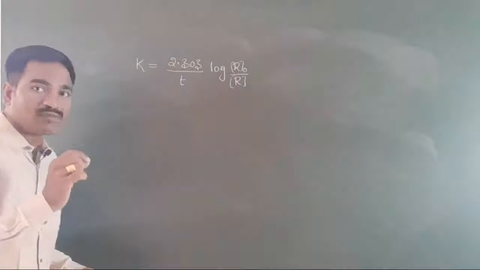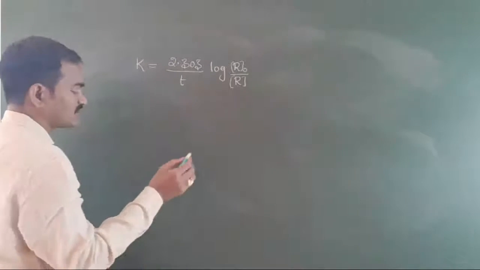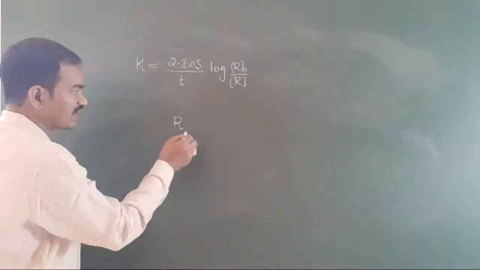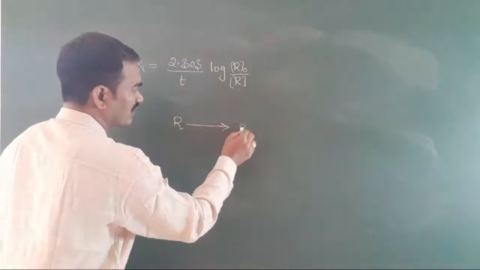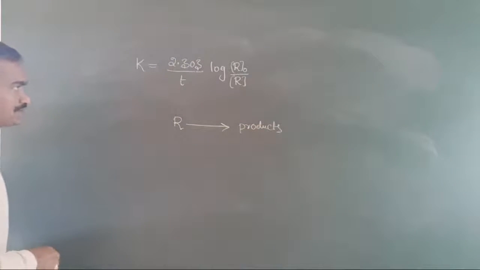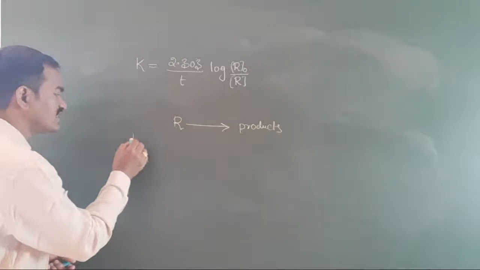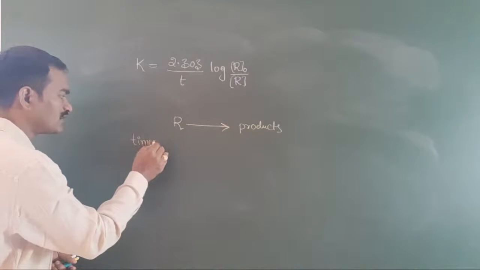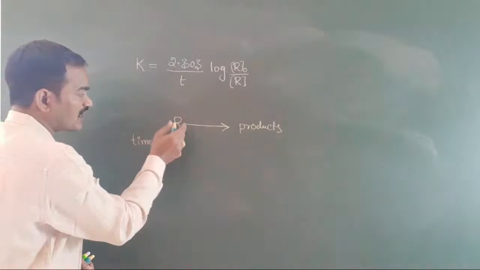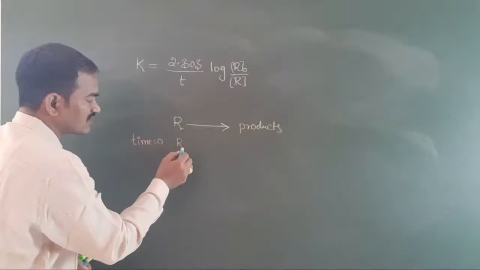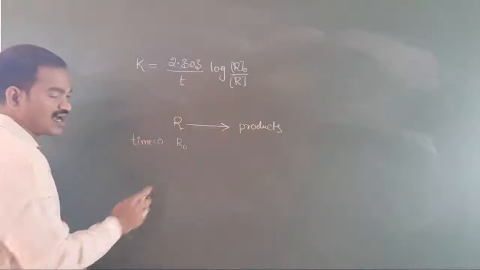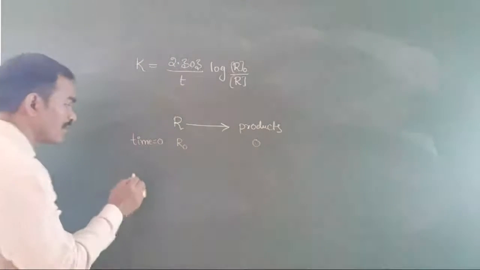So in these terms I want to explain to you the terms. What are the terms? So clearly I want to give you. I am taking reactant R gives product. Products, you take like this. First, initially time is equal to 0. If initially time 0 means R is equal to concentration of reactants, initial concentration R naught, products 0.